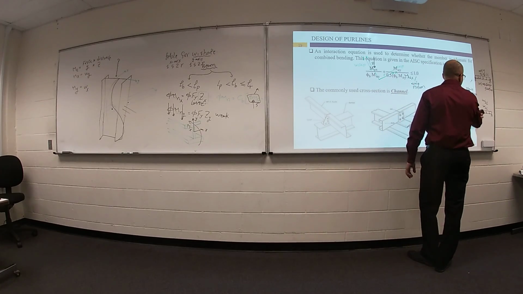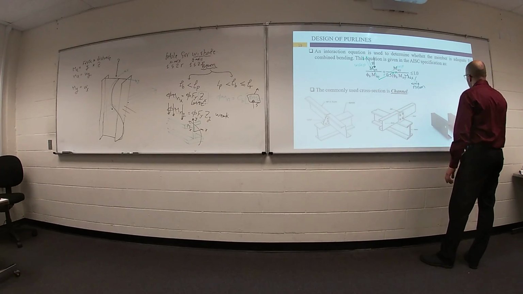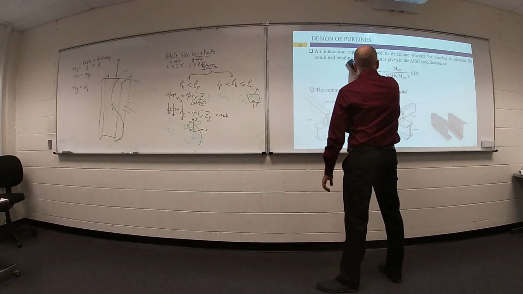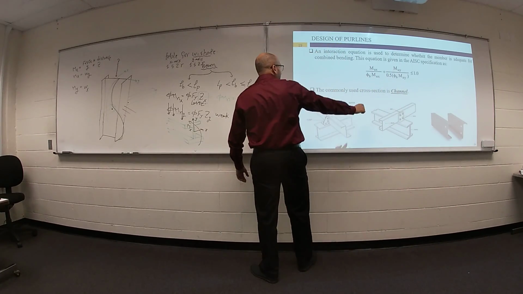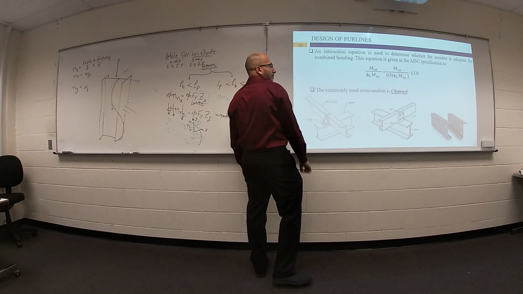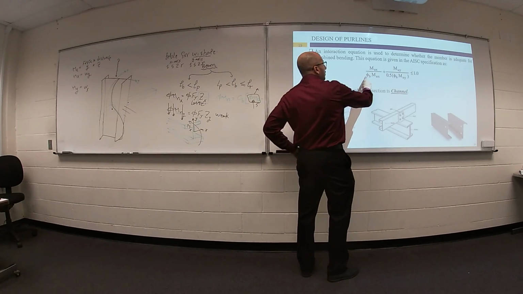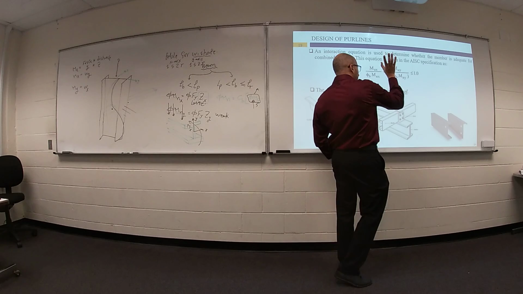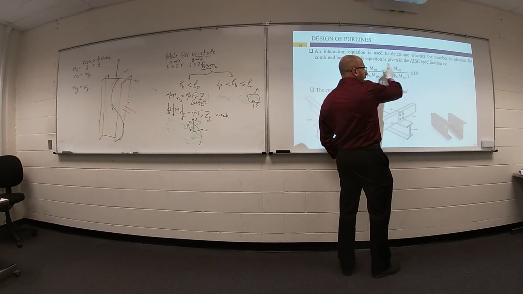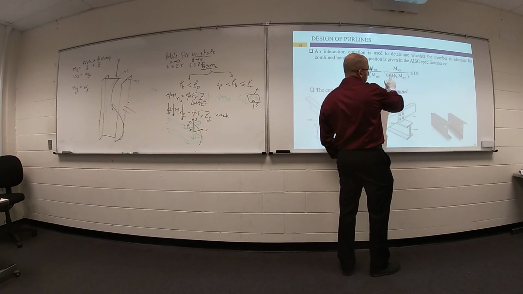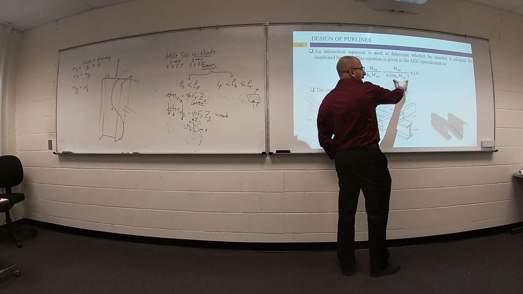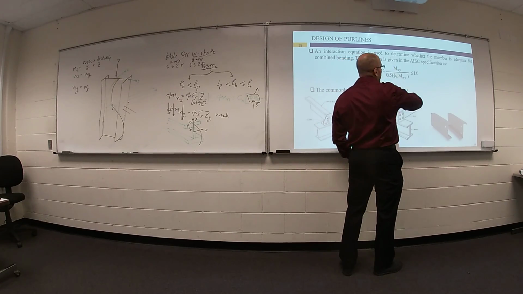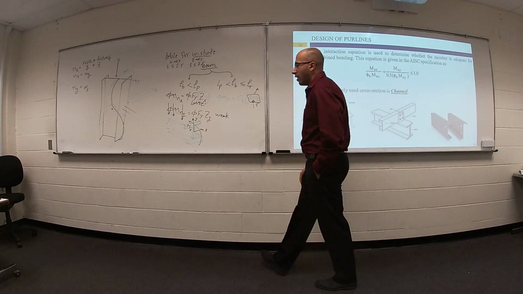According to AISC, this interaction equation must be valid. M ultimate X that you calculated before divided by phi MNX, which is called design bending moment about X, plus M ultimate Y that you calculated before divided by 0.5 phi MNY, which is your design bending moment about Y. This one plus this one must be smaller than or equal to 1.